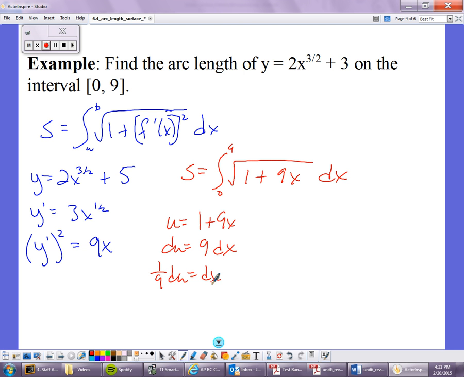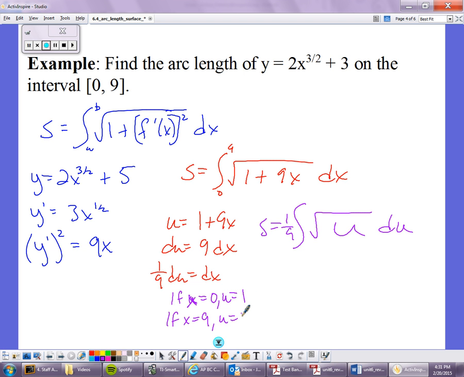So we can rewrite this as s equals the integral of 1/9 square root of u du, and we need to know the endpoints. If x equals 0, then u will be 1. If x equals 9, u will be 9 times 9, which is 81, plus 1 is 82. So we're going from 1 to 82 because we changed the variable from x to u.